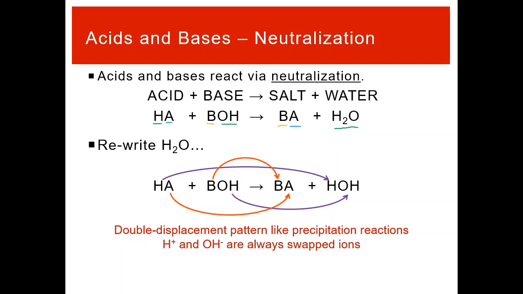We just don't call it HOH because it's become a covalent compound. We call it water. The thing that's unique about acid-base chemistry is that those two ions, H+ and OH-, are always involved in the swap, and it happens so much that it gets its own name. But it's not a precipitation because you're not making a solid, you're making liquid water.